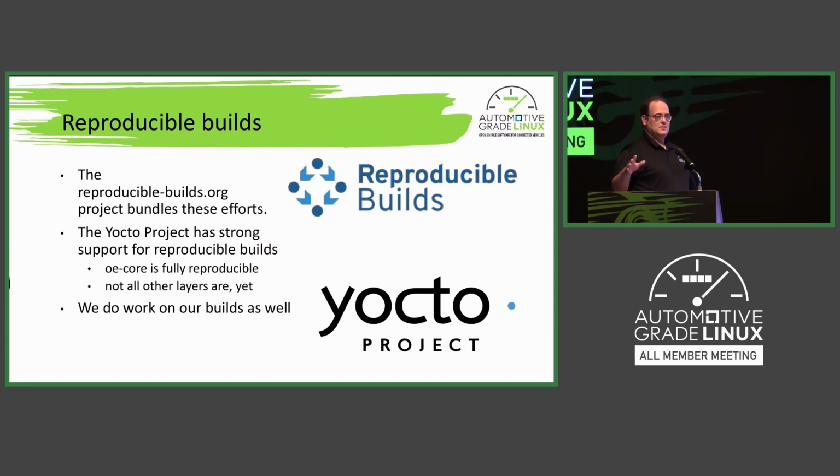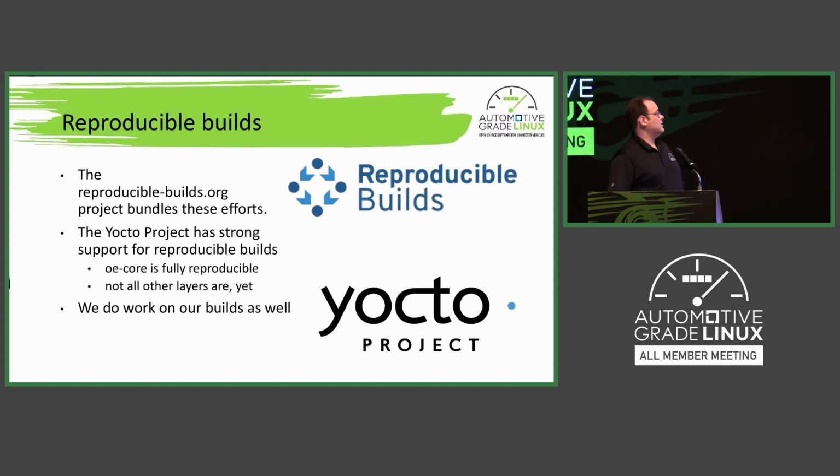Like 99.9% of it is now fully reproducible, and it's being tested for that every single day. If you go to reproduciblebuilds.org, find the subpage with the distributions and then the Yocto project. It links to a page where you can see the statistics for the Yocto project.